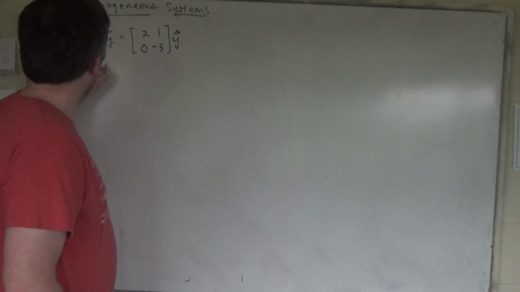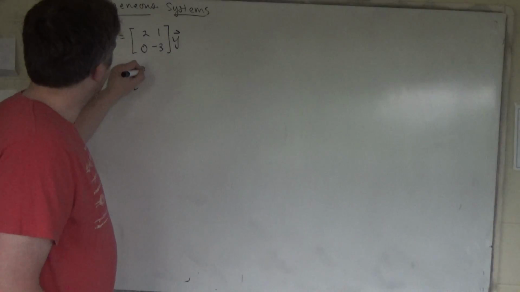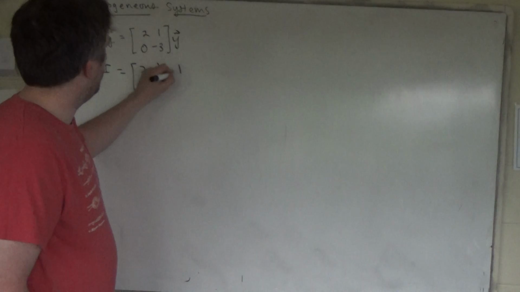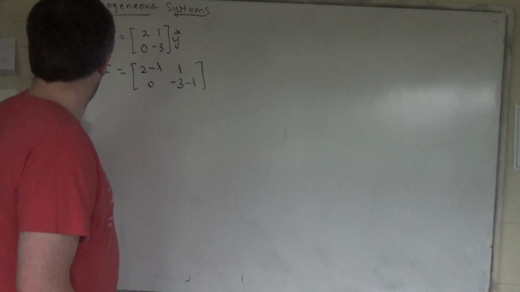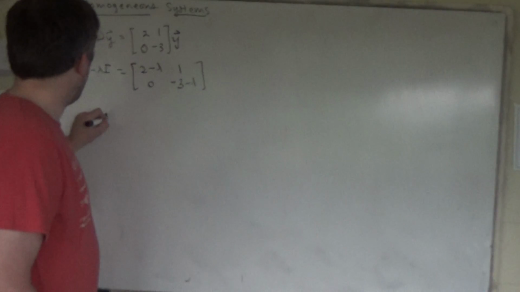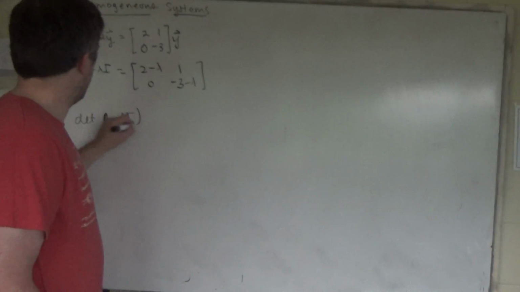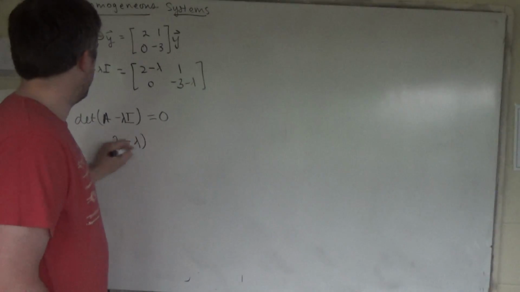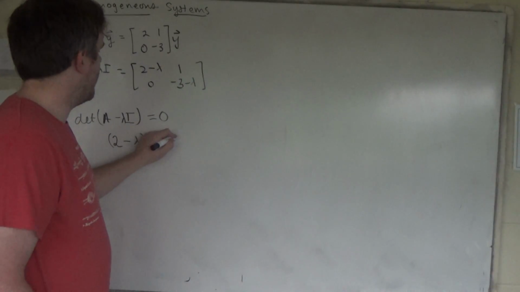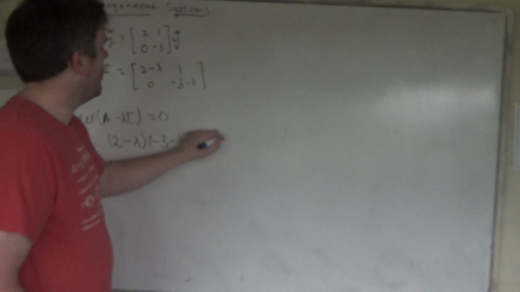So A minus lambda I is 2 minus lambda, 0, 1, negative 3 minus lambda. Setting the determinant of A minus lambda I equal to 0, that tells us that 2 minus lambda times negative 3 minus lambda minus 0 equals 0.